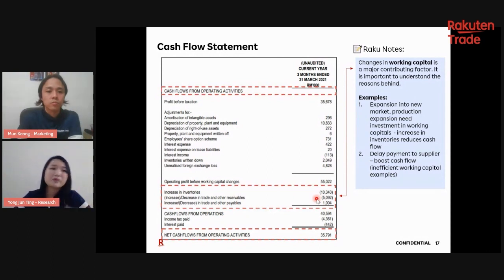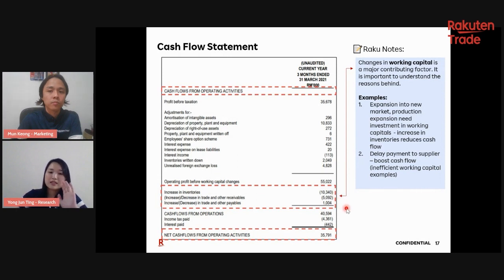Let's say your normal terms you have to pay within 30 days or 60 days. But now you extended the credit terms to your customer. You say, oh, you are my customer, so I extend for you, you pay within 90 days or 120 days. So if there's overextended credit terms to your customer, or your customer delays payments, so you're unable to get back the cash, it will affect your cash flow as well. So that's why when studying cash flow statement, look at this working capital changes and have to understand what is the reason behind the changes in those working capital.